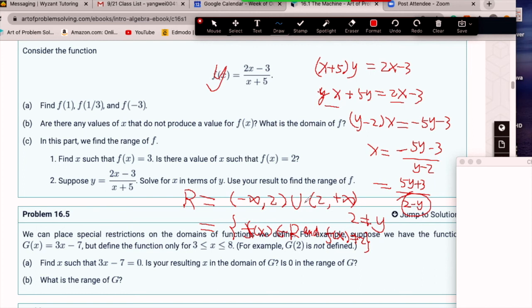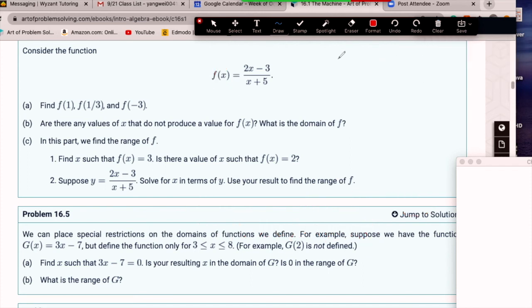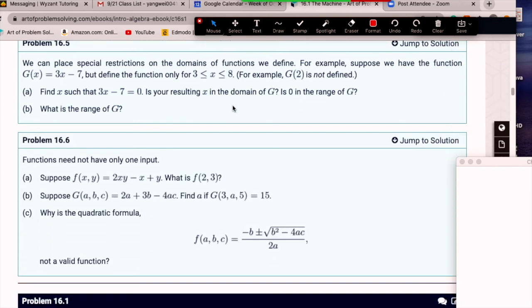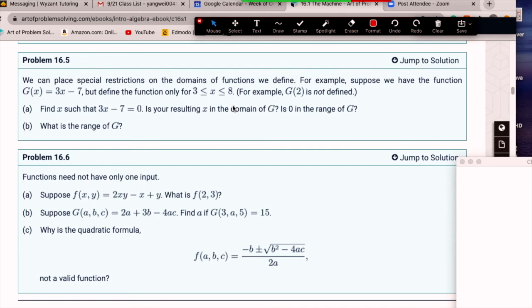So now you know how to find the domain and the range of a function. Now let's go to the next example, 16.5. Here, we can place special restrictions on the domain of the function we define.